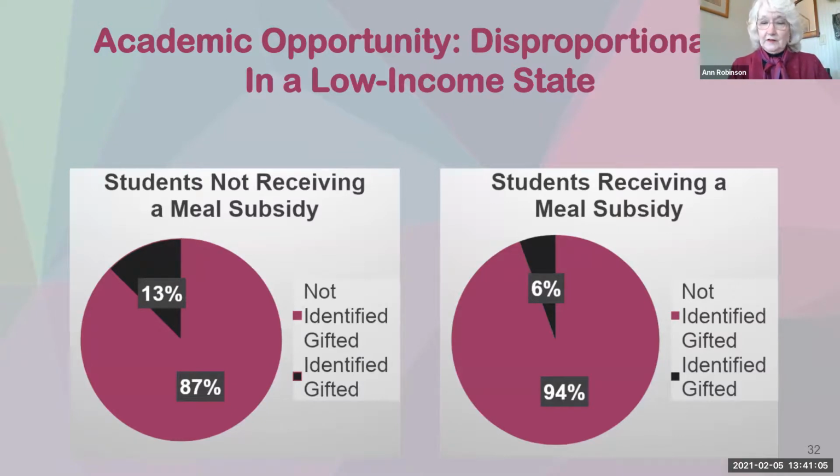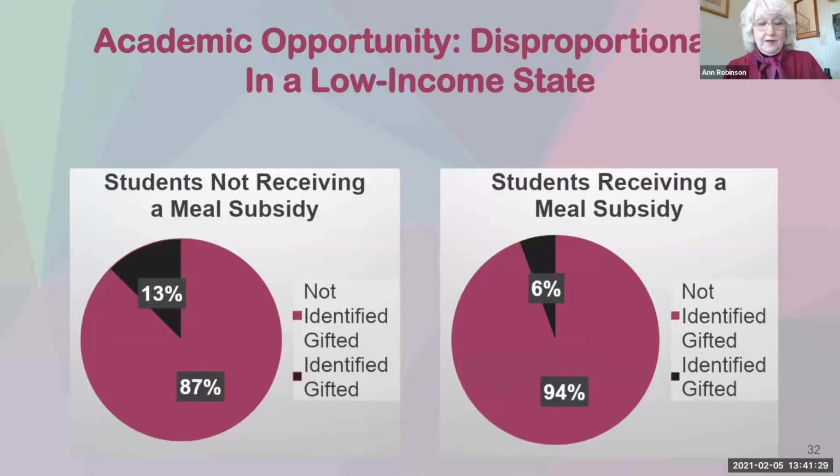The pie chart on the left of your screen shows that 13% of third graders are identified as gifted through traditional but inclusive practices. The state statutory definition of giftedness in this particular low-income state is that of Joe Renzulli's, so it's an inclusive definition.